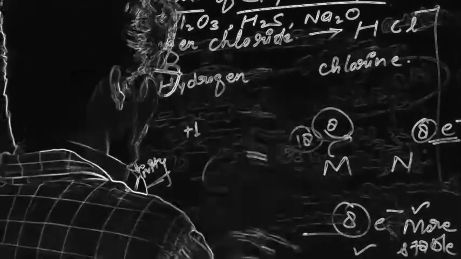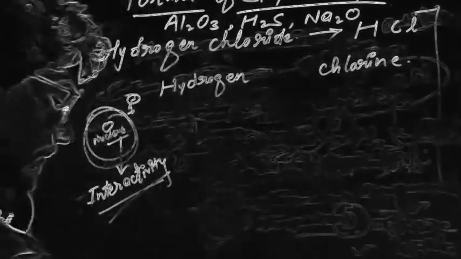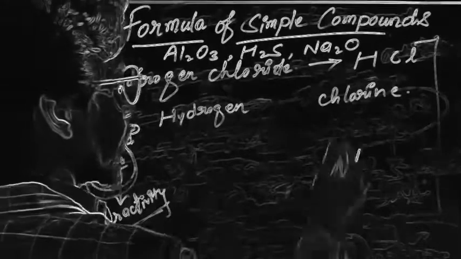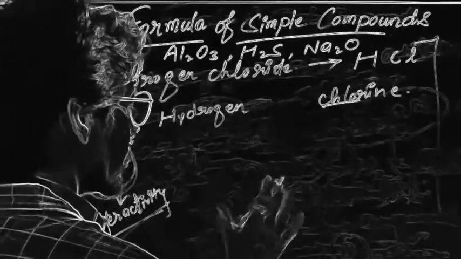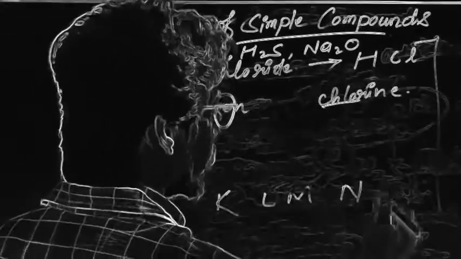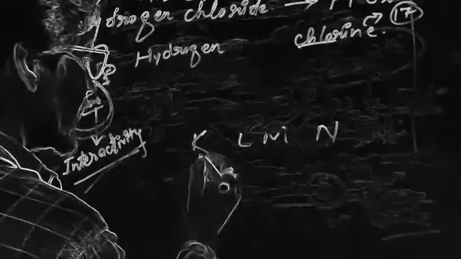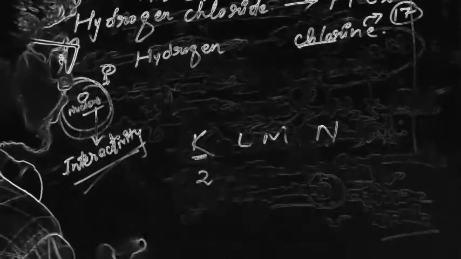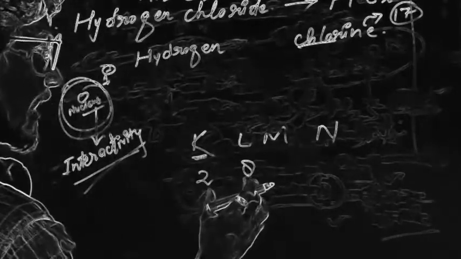First of all we will go for the electronic configuration of KLMN, that is, of chlorine. We know the atomic number of chlorine is 17. In the K shell how many can be filled? 2. In L, 8. We have filled 10 electrons, 8 plus 2.